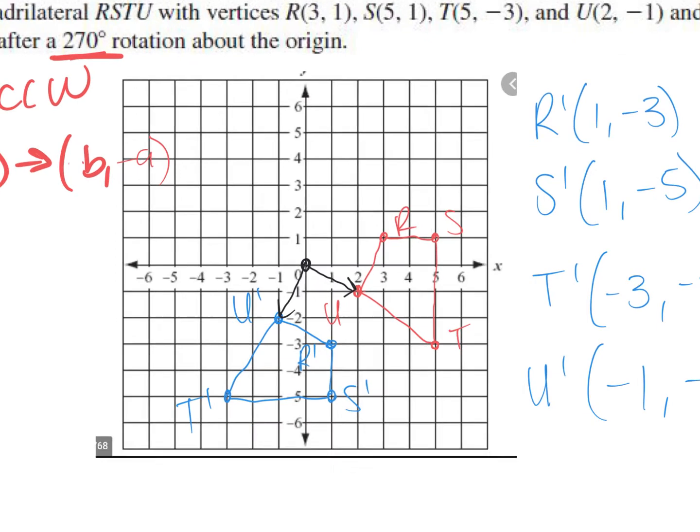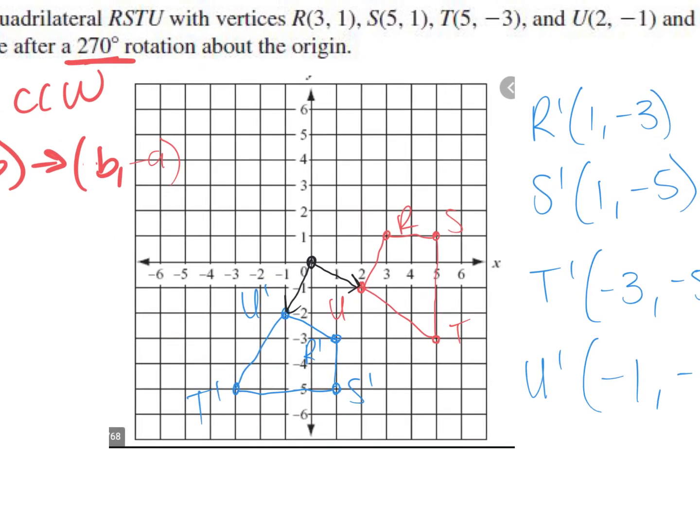Now, what was my rotation? How many degrees? No, it wasn't 90. It was 270. In which direction? Okay, so take your vector and draw an angle that's 270 degrees counterclockwise.